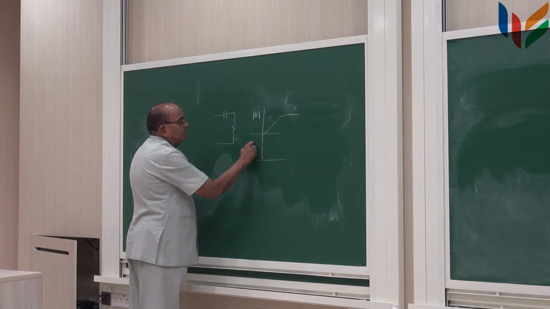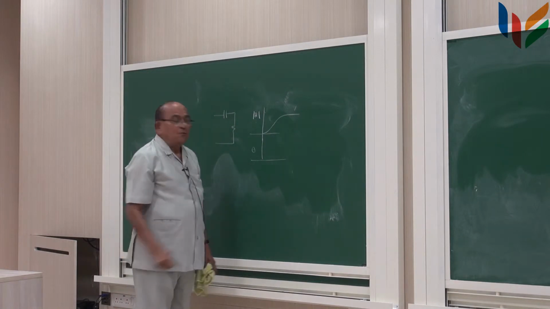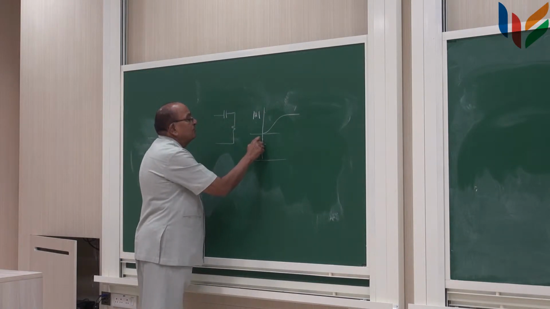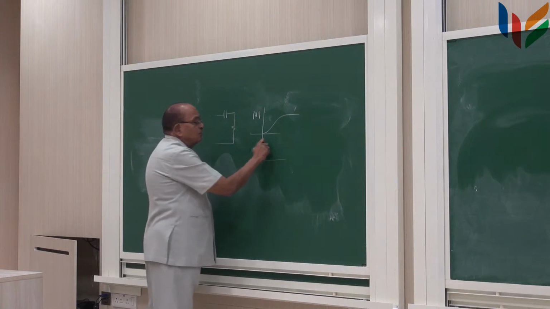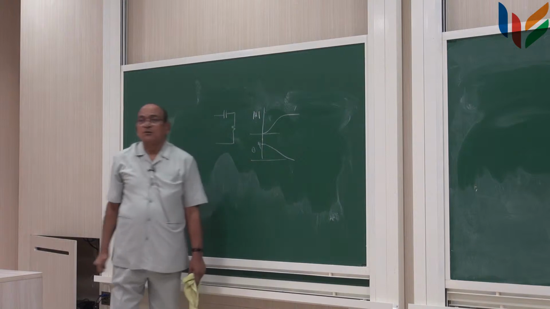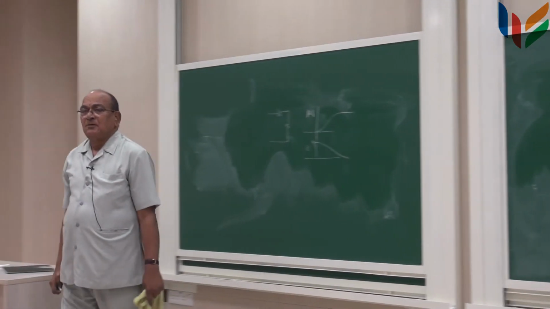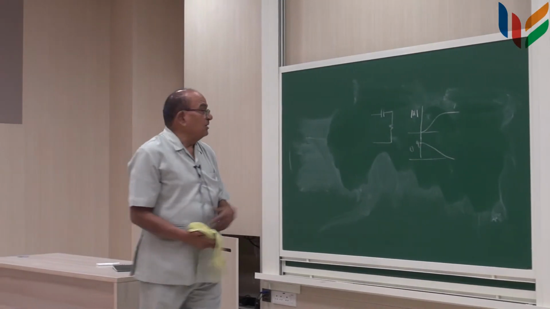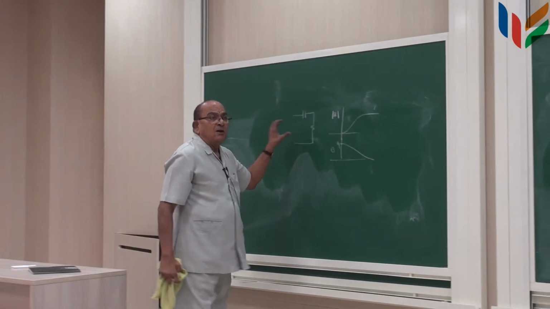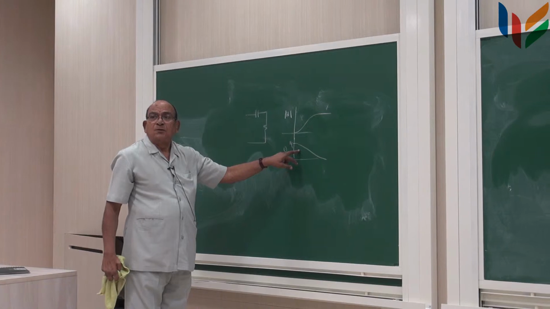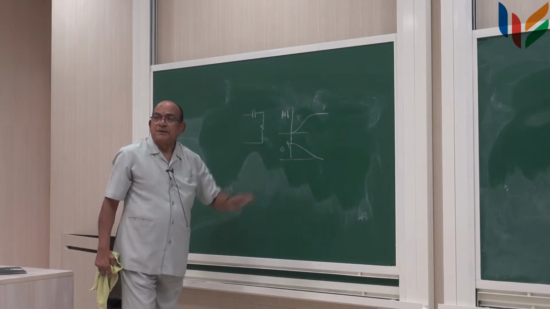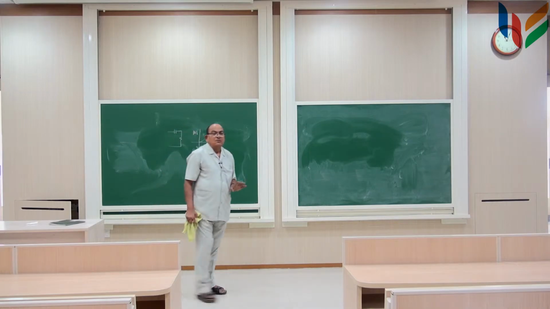What about the phase? Phase will start at pi by 2 because of the capacitor here, and then it goes to 0 as omega goes to infinity. So, this network can at most provide a phase shift of maximum value equal to 90 degrees. Okay.